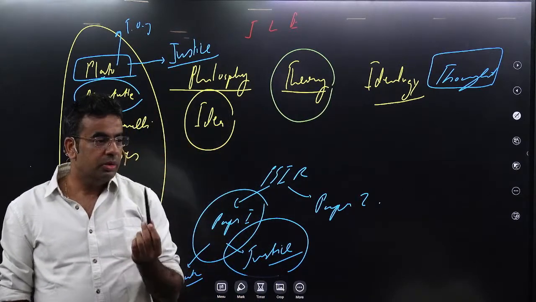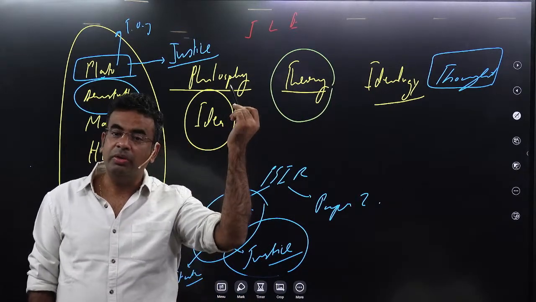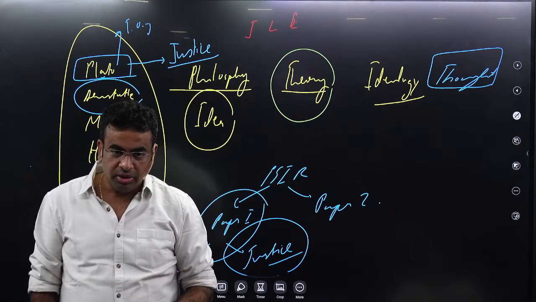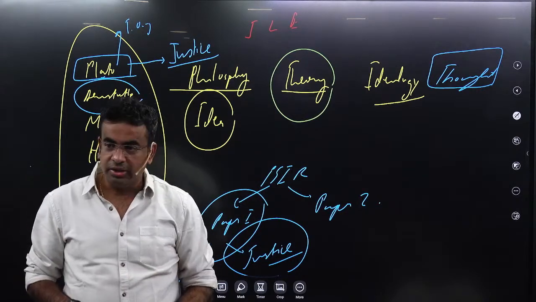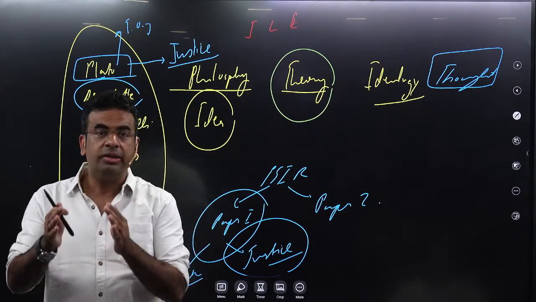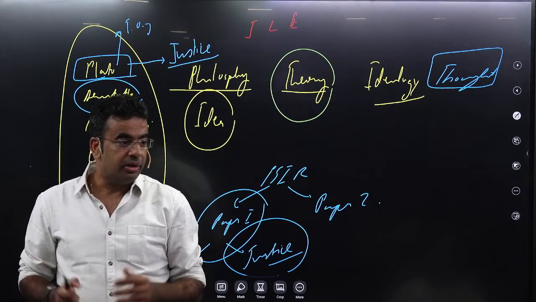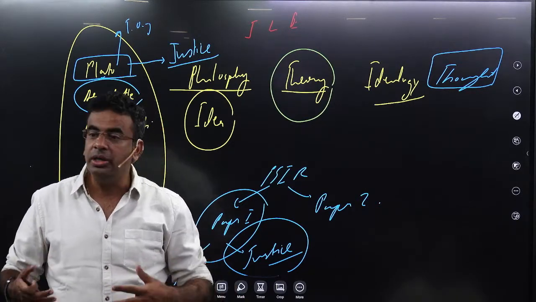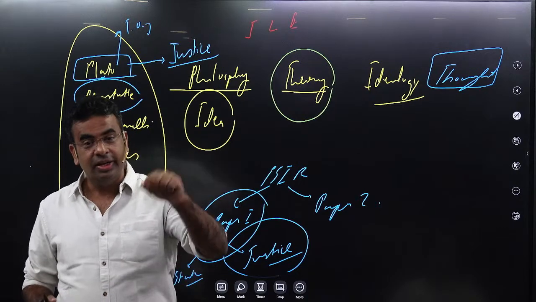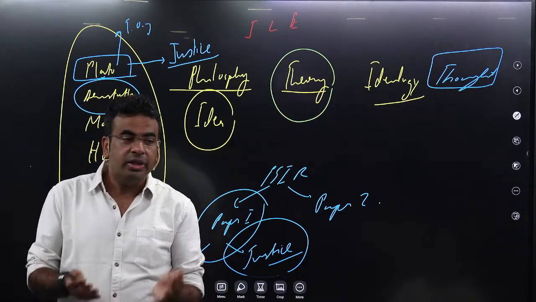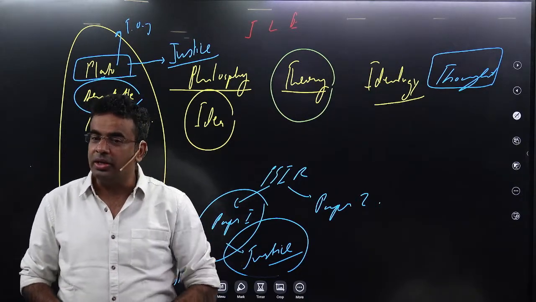Okay, equality. When we had oligarchies, when we had the authoritarian states, so first time who raised the flag of equality, that all are equal, anyone should be allowed to become the head of the state? Liberals. With the time, who became the flag bearer of equality?